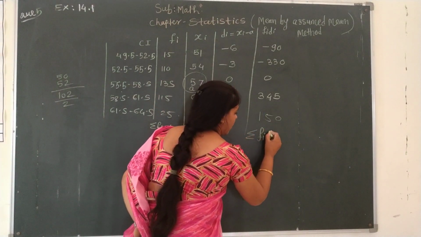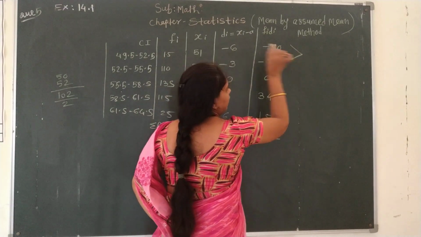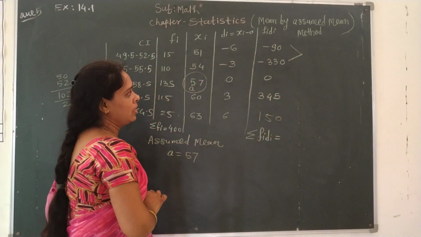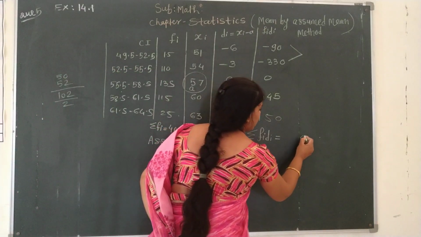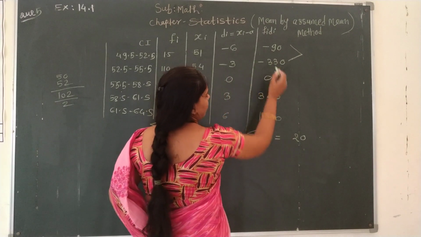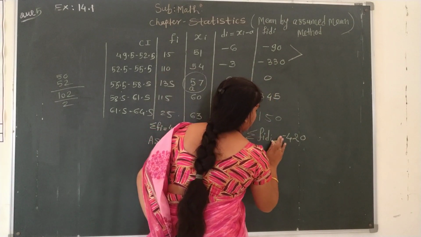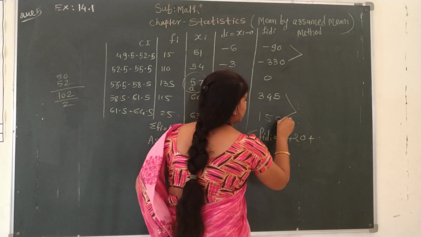Now here we have to find the summation fi di. For this summation, first add these negative numbers. Addition of the negative numbers is minus 1, 4, 0. Now add the positive numbers.